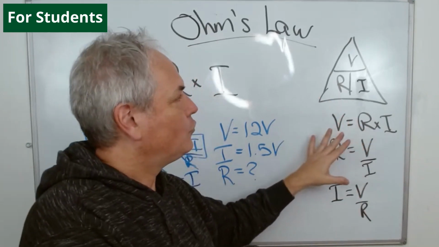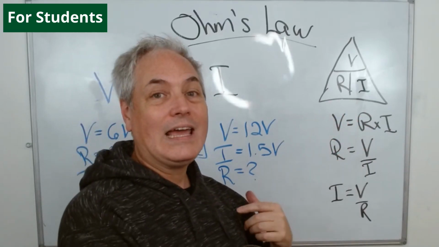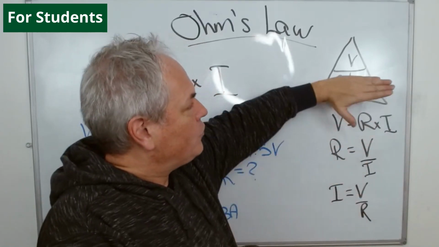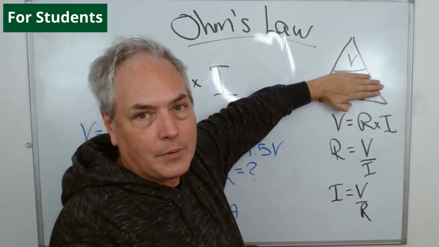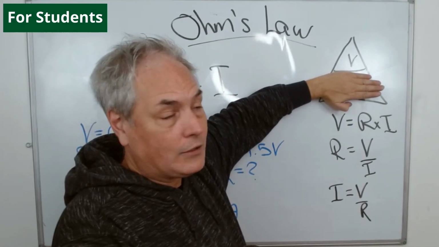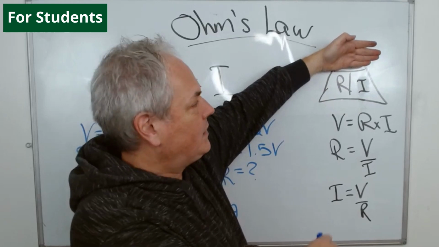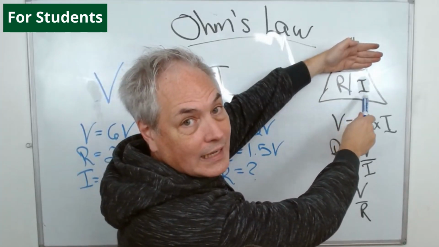We have to look at what we have and what we want. If I'm looking for the voltage, we hide the V, and to calculate it, I have R times I.